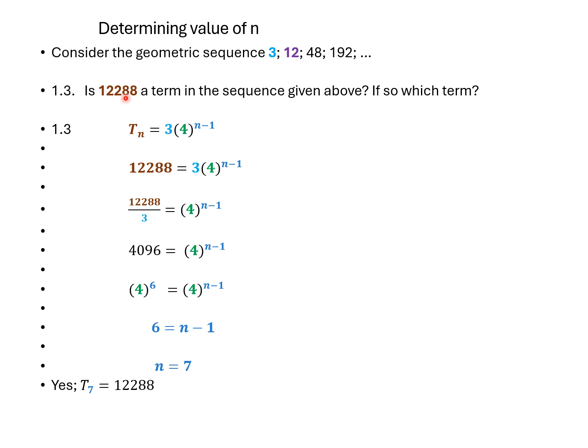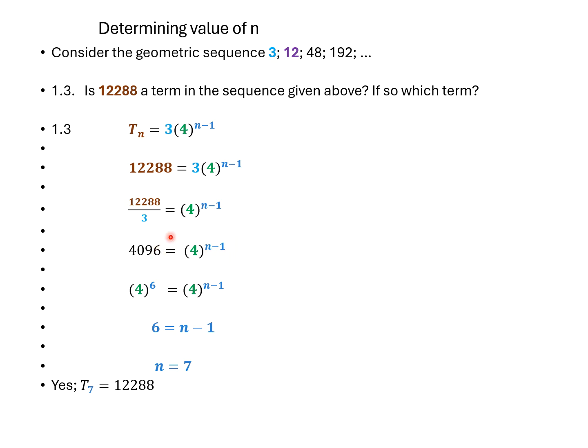So Tn equals 12,288 equals 3 times 4 to the power n minus 1. To get rid of multiplication, we're going to use division. So that becomes 12,288 divided by 3. 3 divided by 3 gives me 1, which cancels. So 12,288 divided by 3 would give me 4,096 equals 4 to the power n minus 1.